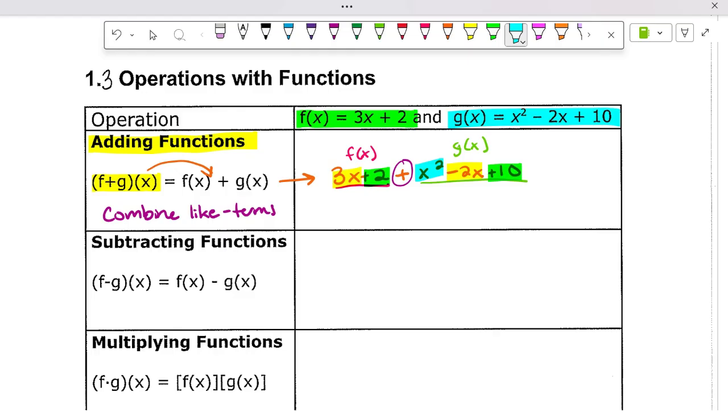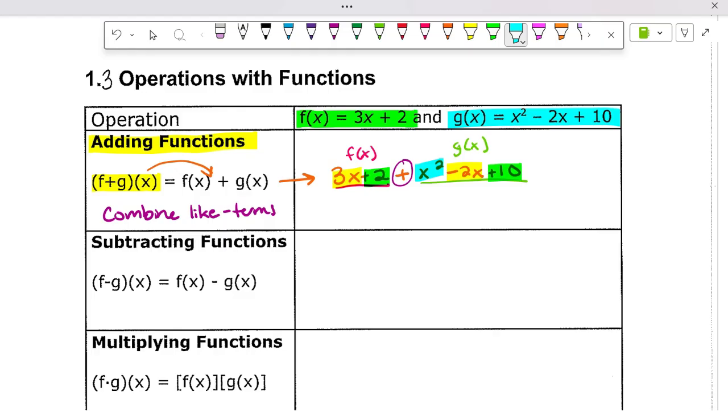Is it the numbers? Is it the variables? What are we combining? Not the variable. The only thing you add is the coefficients, which is the number in front of the variable.